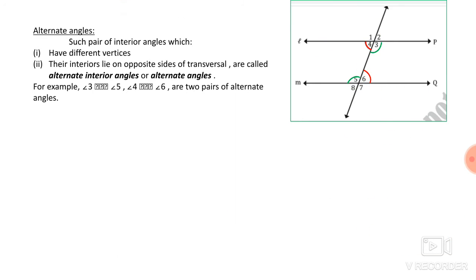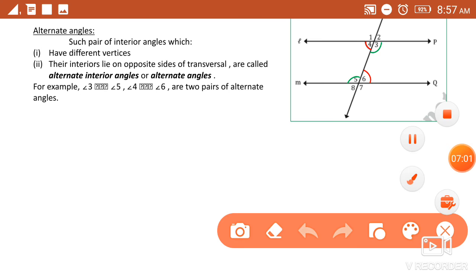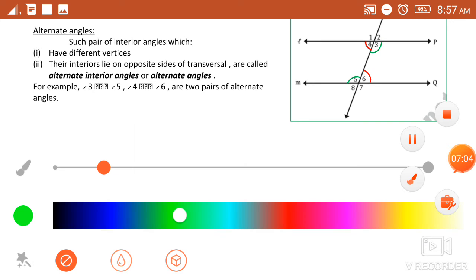Similarly, if we draw Z like this, a Z may be rightward or leftward, a Z can be drawn like this. Now the pair of alternate angles is 3 and 5. It means 3 and 5 is a pair of alternate angles.